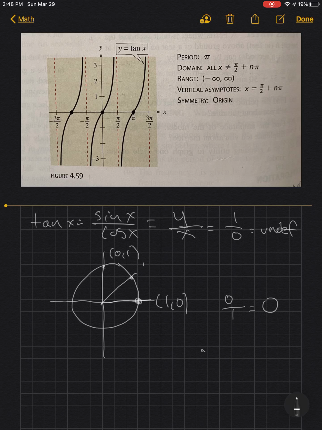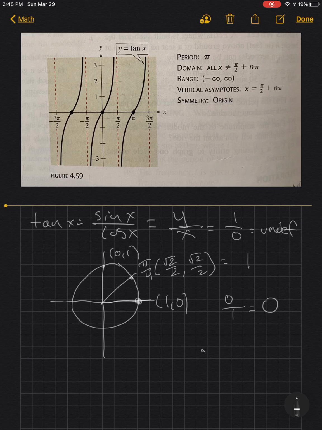Okay, at pi over 4, we know that we have square root of 2 over 2, square root of 2 over 2. And why is that easy? Because when we divide anything by itself, that automatically gives us 1. So right here at pi over 4, when we divide y over x, that's going to give us 1. And that is definitely an easy value.